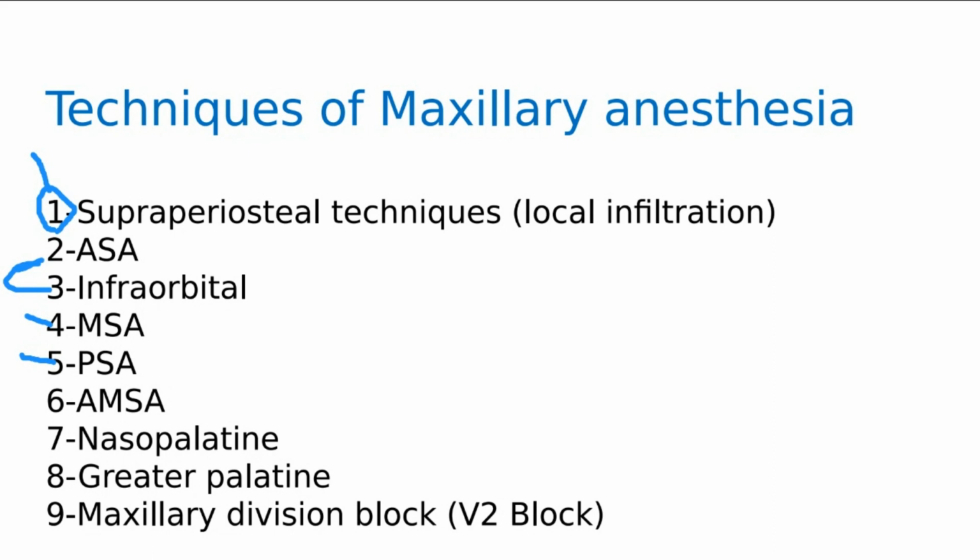If I'm working on the first molar, you know that there is a good chance that the mucobuccal root is innervated by the MSA. So you say to yourself, if I'm working on this, maybe I need PSA and I need MSA just in case. No, they actually do something called local infiltration or the supraperiosteal technique.